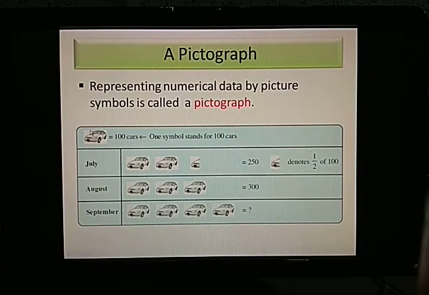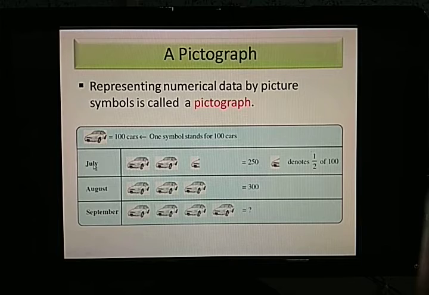Say this is a picture of a car, and this one single picture represents 100 cars. That means one symbol stands for 100 cars. Now here it is given in which month how much production of cars there was in a factory or company.